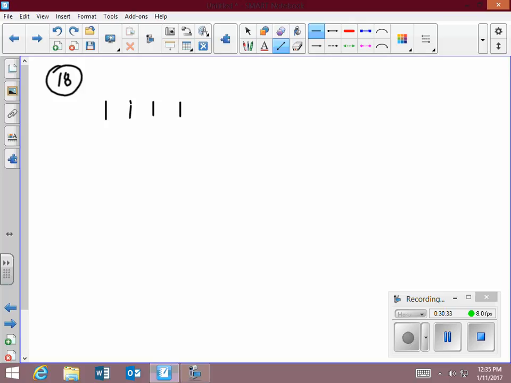Okay, that's the arrangement. And they say, do the following. Remove exactly 7 toothpicks to leave 2 squares.